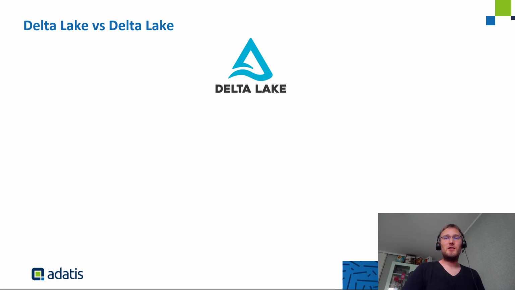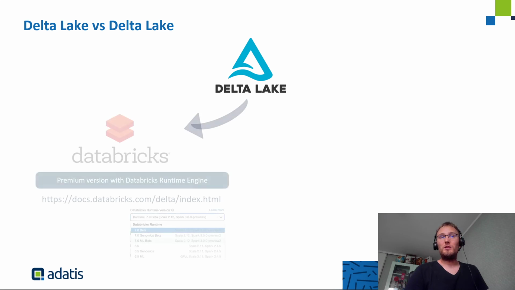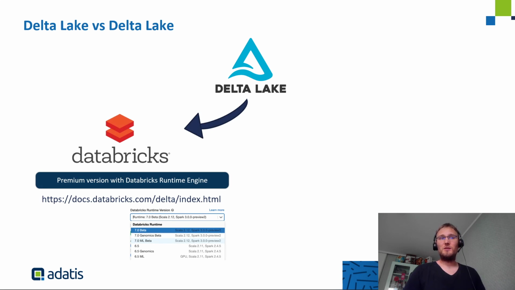But Delta Lake is an open source project, and that doesn't mean that we can benefit from all the new cool features for free, unfortunately. New optimization mechanisms, for example the optimize statement, Z ordering, etc., are only available in the premium version, and the premium version needs the Databricks runtime engine. It's available, for example, with the Azure version of Databricks, or we can buy a premium version of Databricks on their website.